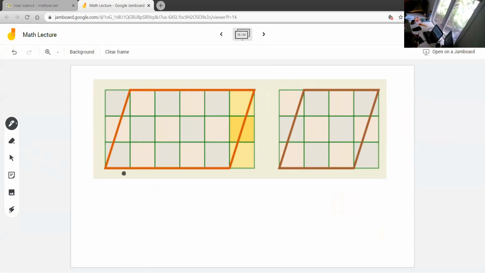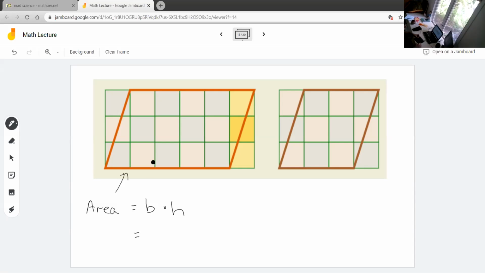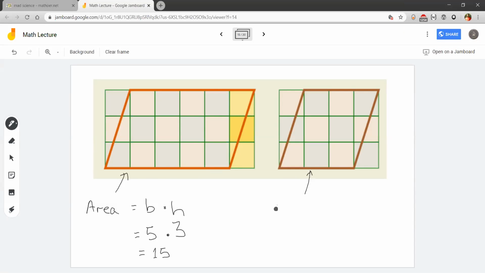Okay, next. What was the formula for the parallelogram? Base times height. One, 2, 3, 4, 5. 1, 2, 3. How about the other one? Wait a second, isn't it 6 times 3?